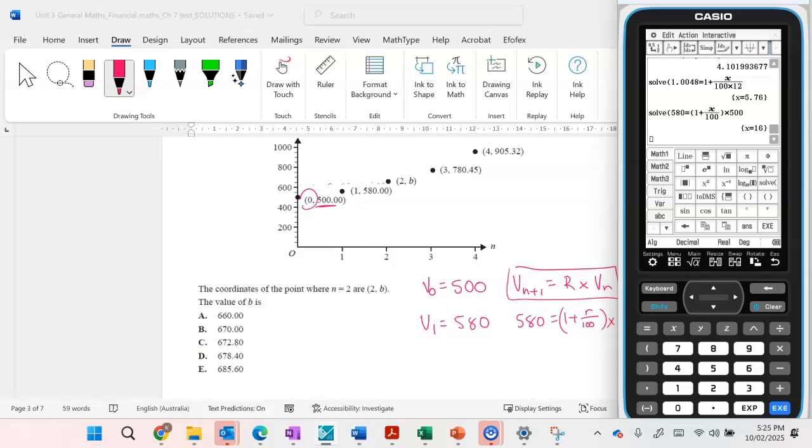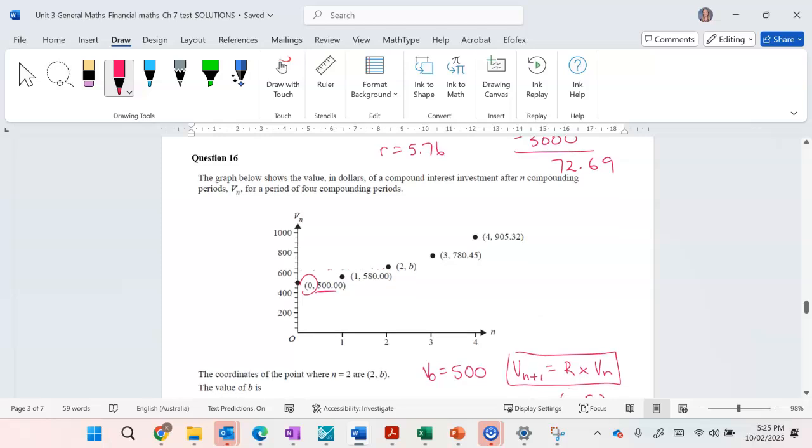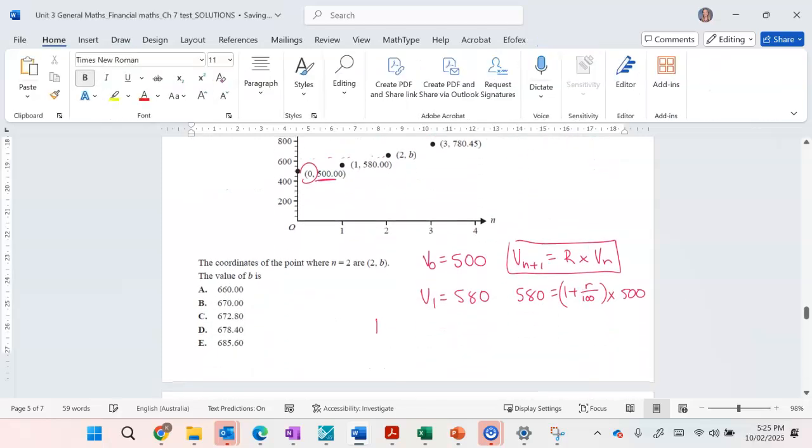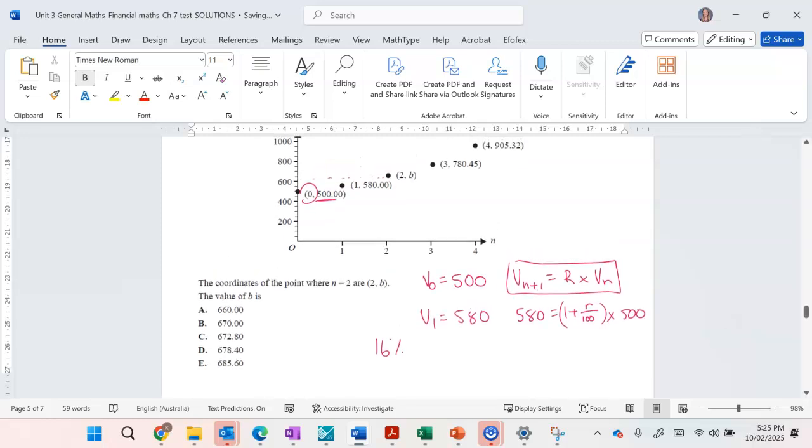Oh, actually, we probably could be right. So that's 16%. What are we doing? Compounding. Okay, well 16% seems too high, but I'm going to keep going. All right, so our R value is 16. So if I'm doing V2, it is going to be equal to R times my previous value, which was 580.